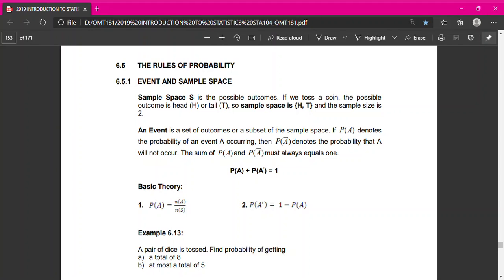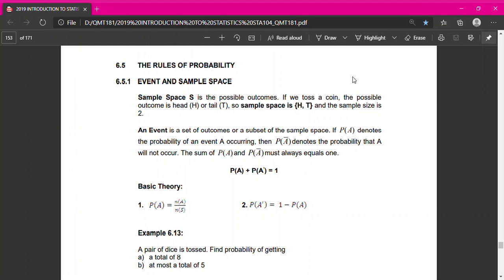Okay, so the first one adalah sample space. Notationnya adalah S. Sample space adalah the possible outcome. All the possible outcome akan disenaraikan dan presented as the sample space. Contohnya, if we toss a coin, the possible outcome is head or tail. Kalau we toss a coin, hanya ada dua sahaja, head ataupun tail.